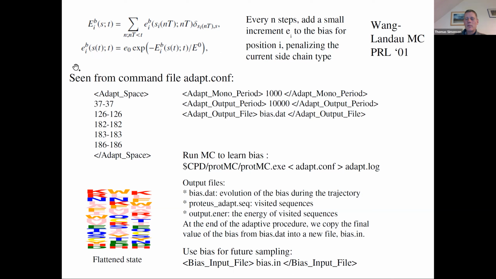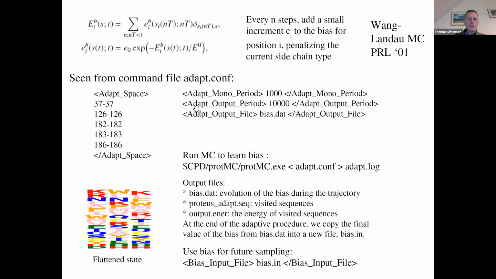Now, seen from Proteus, it's all pretty much automatic. So in your conf file, now I'm calling it adapt.conf, because we're going to be running Monte Carlo to adaptively learn the bias. So here I'm telling Proteus what are the positions I want to bias. All 5 of my positions that mutate, I bias all of them and flatten all of them.